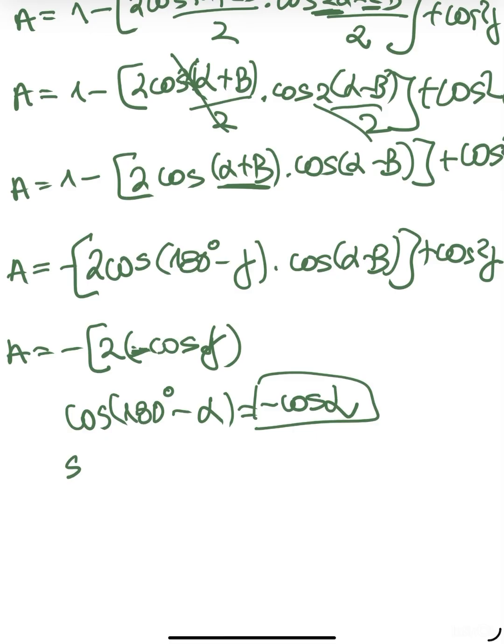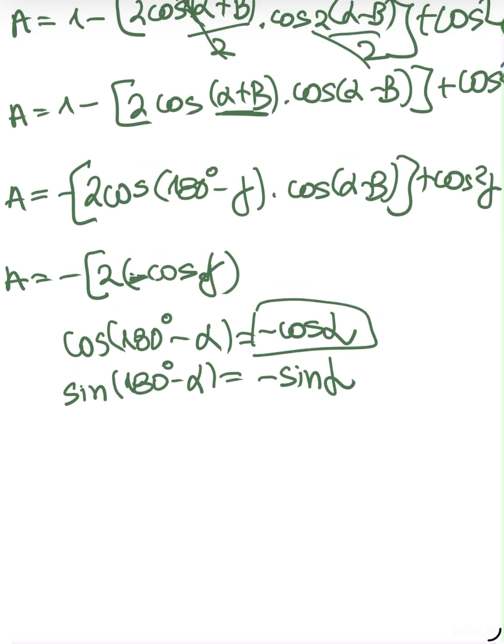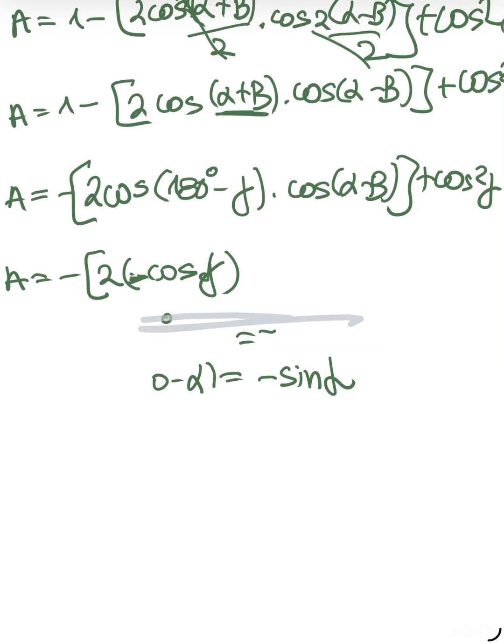So the same with the sine. Sine of 180 degrees minus alpha is equal to minus sine alpha. Sorry, I got confused. It's not like that. Let me write the formulas correctly.